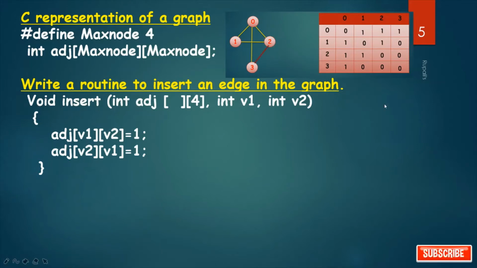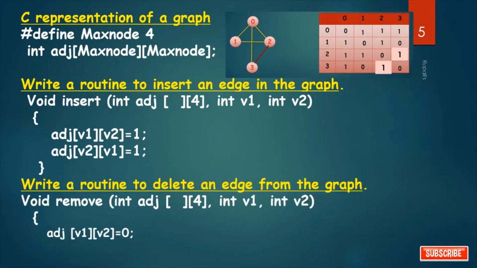It is 2. What is the value of V2? It is 3. So between 2 and 3 I want to insert an edge. 2 to 3 here should be 1, and also 3 to 2 here should be 1, because it is not a directed graph. So the coding will be adj[v1][v2] = 1 and adj[v2][v1] = 1.